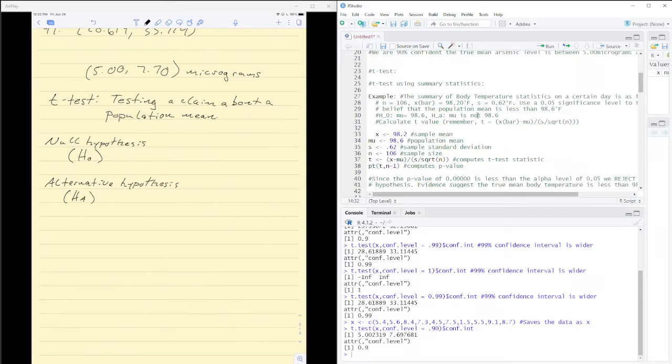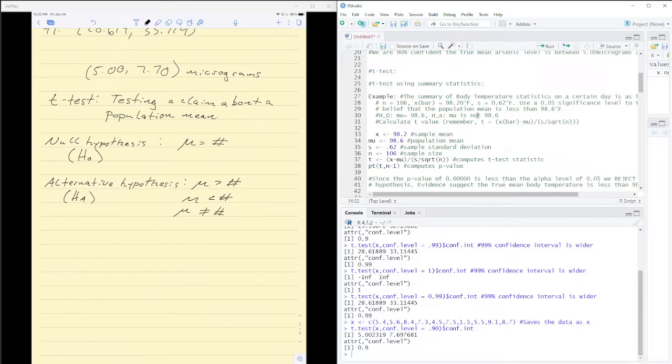Both of these are statements about the mean. The null hypothesis is always that the mean equals some number. Right, and the problem will tell you what that number is. And your alternative hypothesis is always that the mean is bigger than that number, the mean is less than that number, or the mean is not equal to that number.